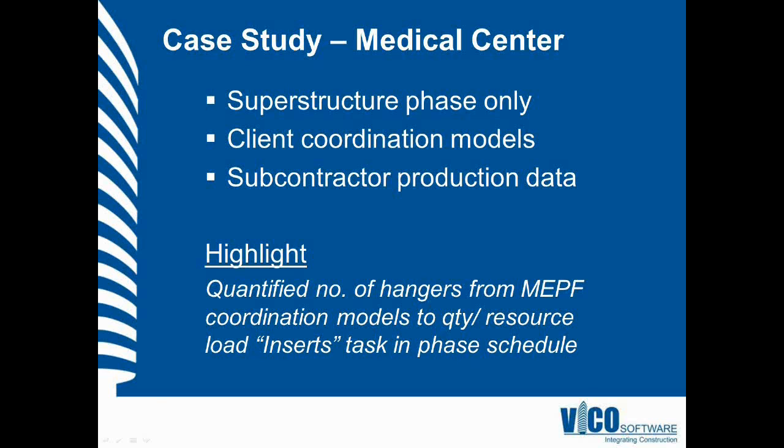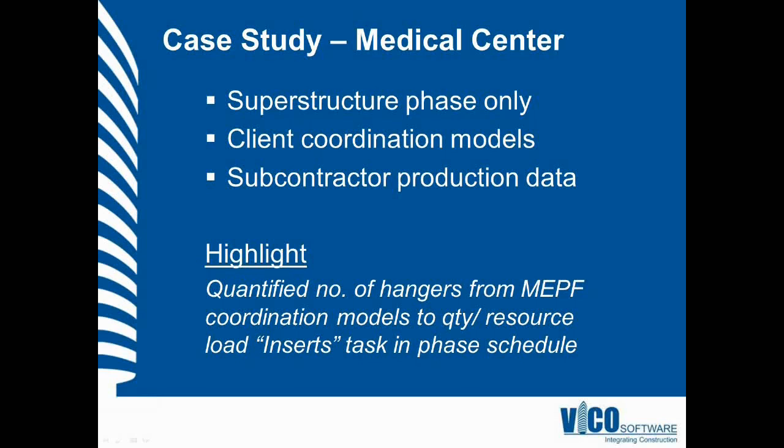Now, one of the highlights of this case study was using coordination models that were provided from design assist subcontractors. We were able to quantify the number of hangers and inserts that we were going to be tracking and installing before the slab on deck from the coordination models, which I had not done before and was very interesting.